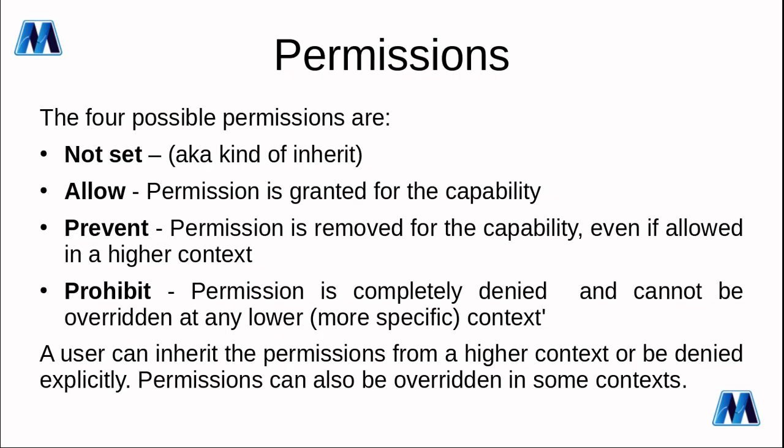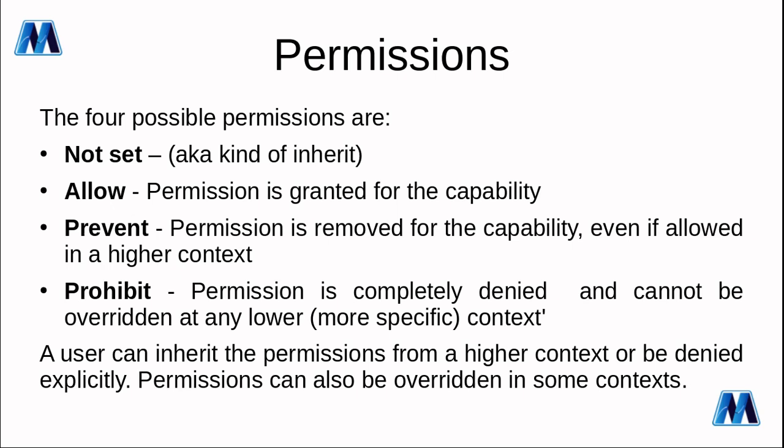So there are 4 possible permissions that can be set against a capability. Again, remember, capability is the action. So not set, which would mean you kind of inherit it if you've got other permissions or other roles that will allow that permission, or deny it. We've got allow, which is permissions granted for the capability.